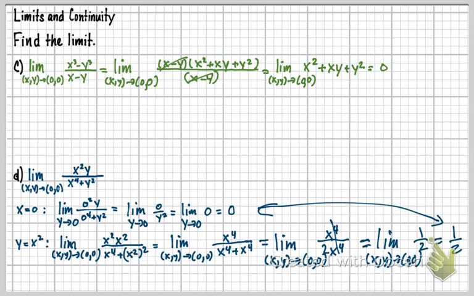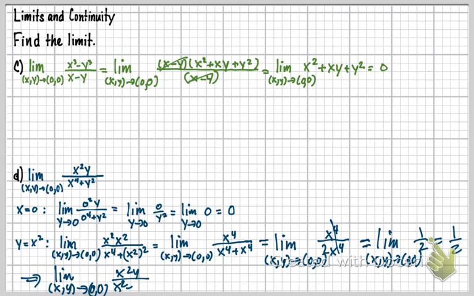So since that's true, since this doesn't approach the same value, this would imply the limit of x, y as it goes through 0, 0 of x squared y over x to the 4th plus y squared does not exist. So there's my answer for this one.